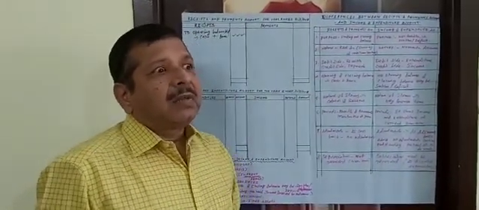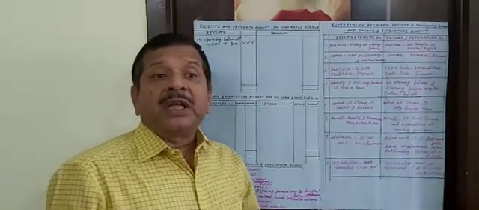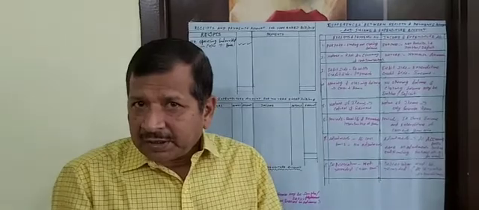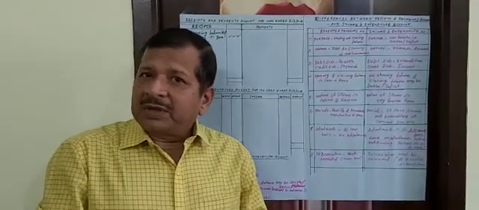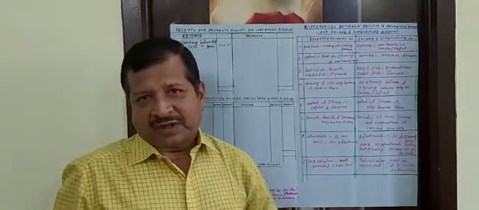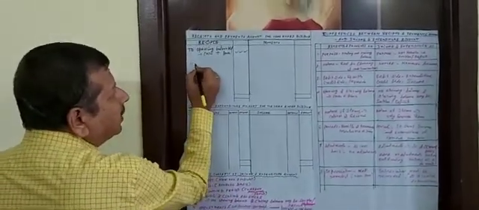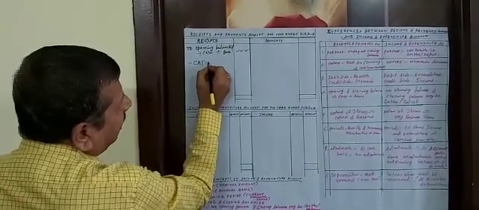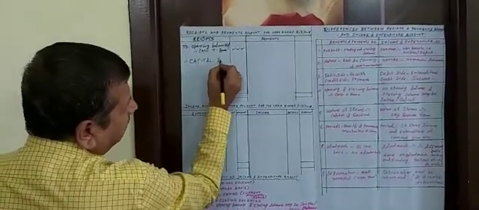For example, donation for building. That will be kept by the business for a long period of time till the building is constructed. That's why that type of receipt is called a capital receipt.